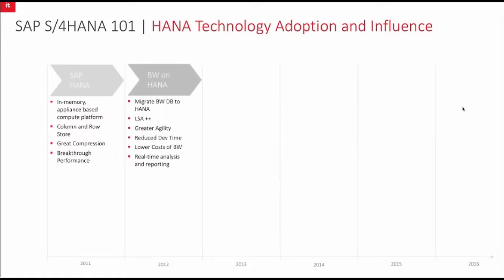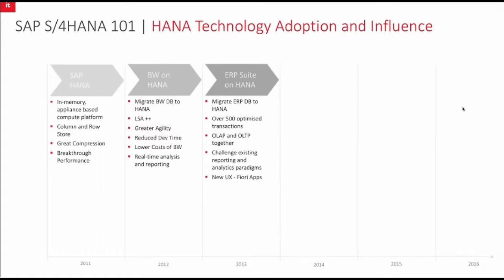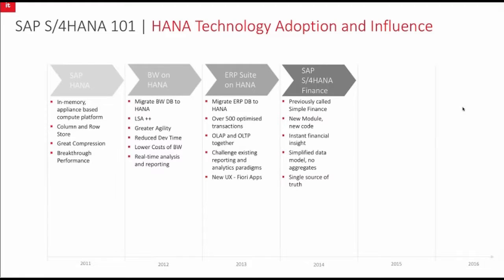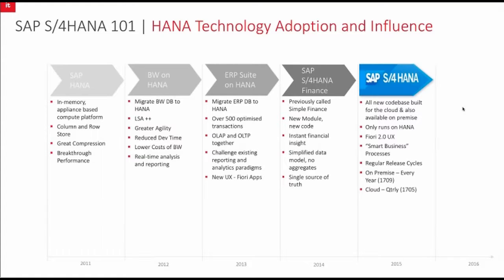What we've seen subsequently is HANA being used under BW, under ERP, the initial release of the new style S/4HANA Finance application, originally called Simple Finance, until we get to the point now where we have S/4HANA, an all-new application code base built for the cloud but also available on premise, only able to run on HANA, with the new user experience that users demand, to be frank, and a real change in approach for delivery.